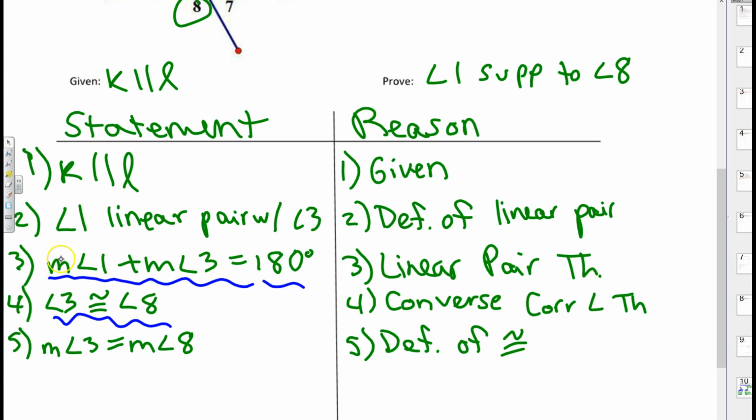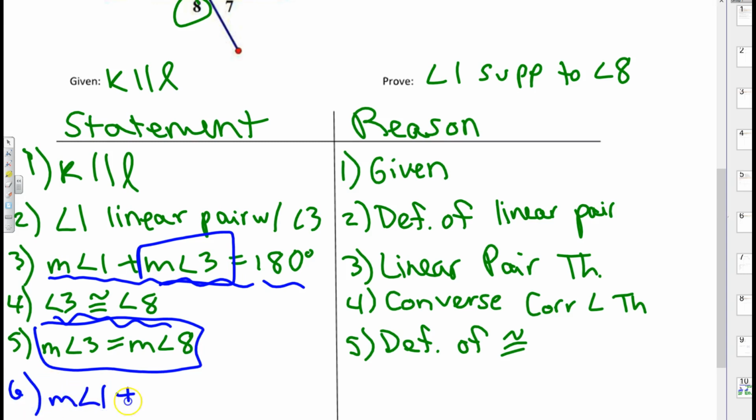Well, I've already established that the measure of angle 1 plus the measure of angle 3 equals 180. Well, the measure of angle 3 also equals the measure of angle 8. So I can make a substitution here, right? I'm now able to say that the measure of angle 1 plus the measure of angle 8 must also be 180 by the substitution property of equality.